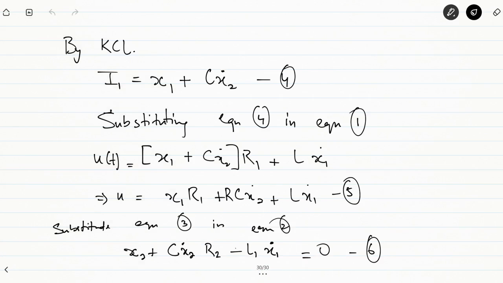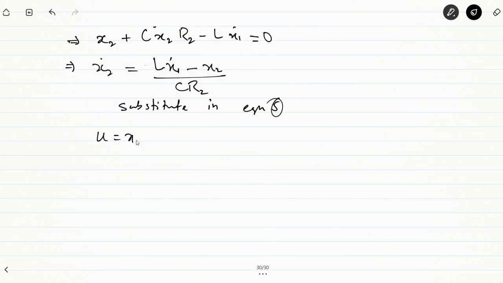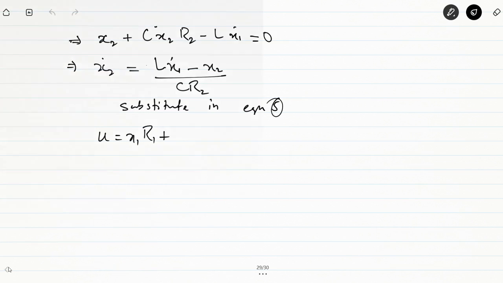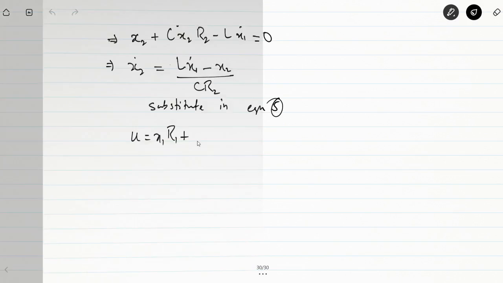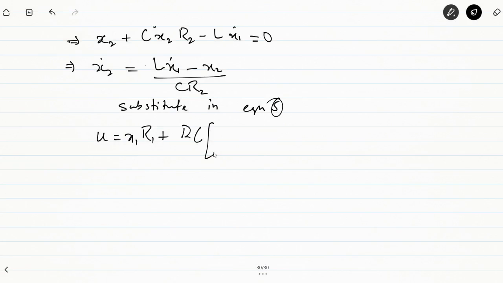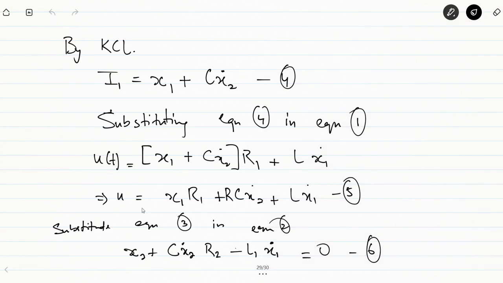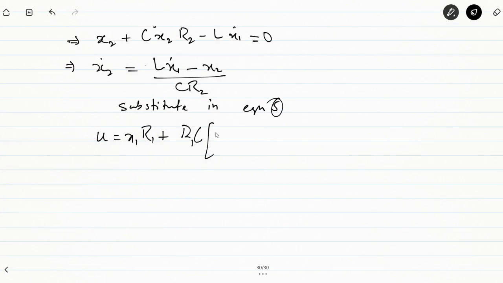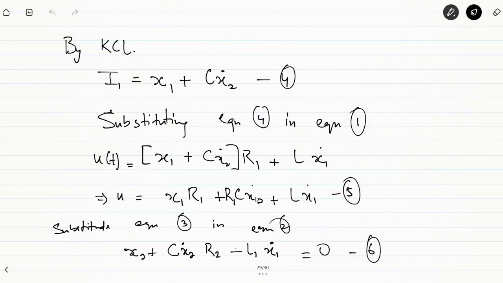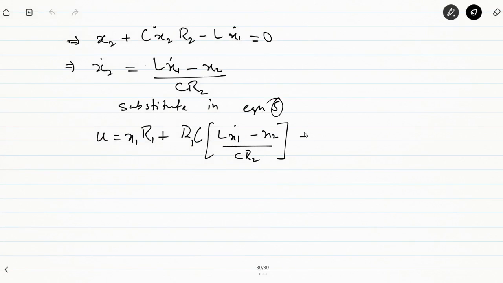Once we substitute this in equation number 5, u is equal to x1 R1 plus R1 C x2 dot, x2 dot की जगह पे L x1 dot minus x2 divided by C R2 आ गया. u is equal to x1 R1 plus R1 C x2 dot plus L x1 dot.